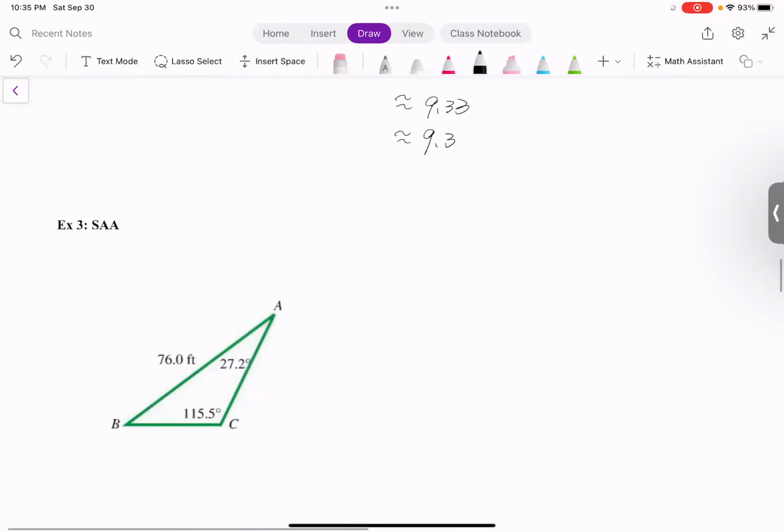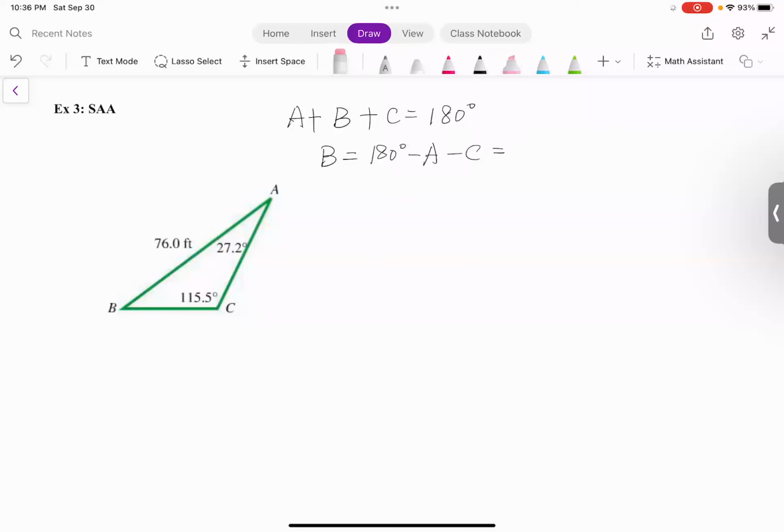So every time if you have two angles, we need to find the missing angle. So angle B. So you can list the ABC. The sum is 180 degrees. So looking for the angle B is 180 degrees minus A minus C.